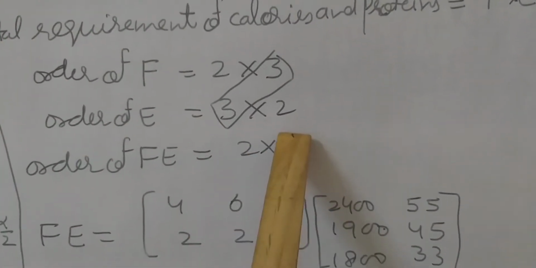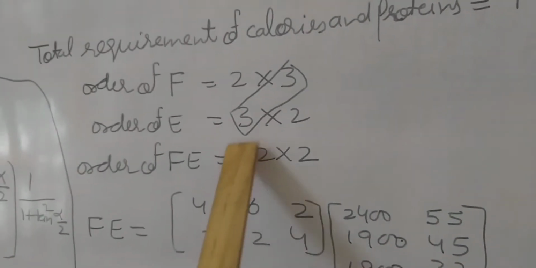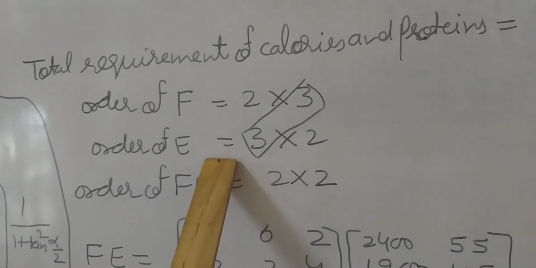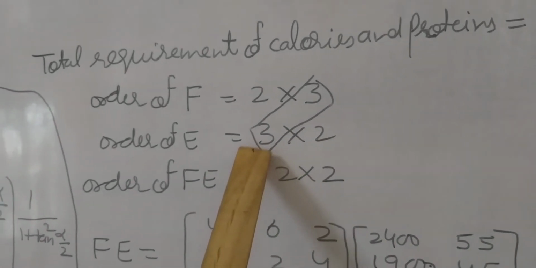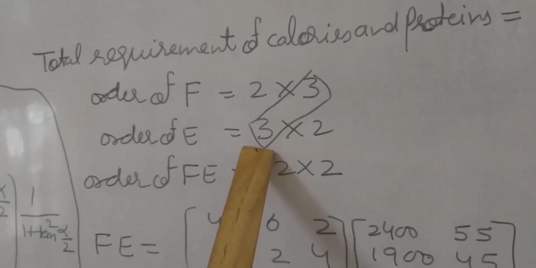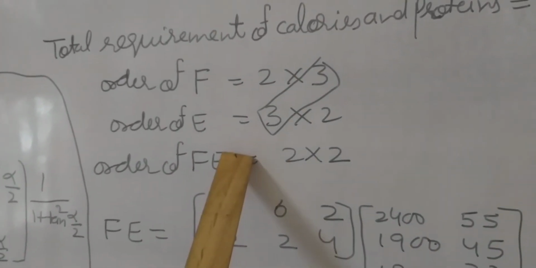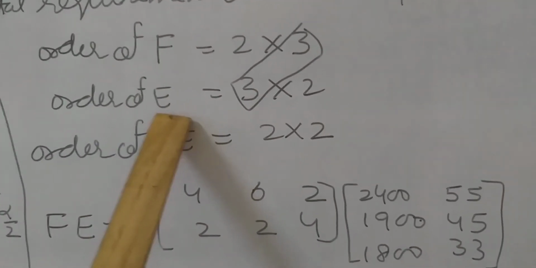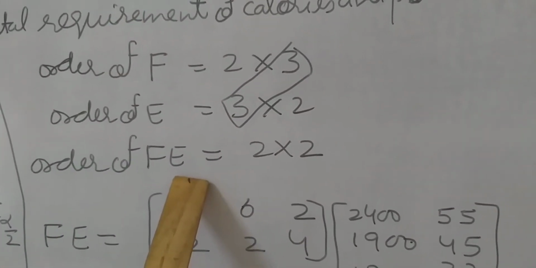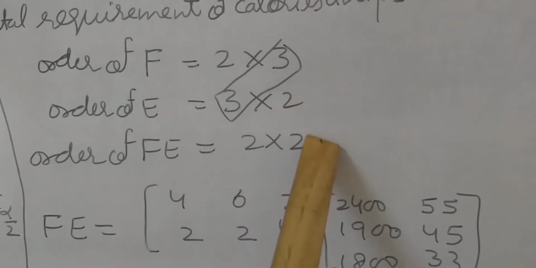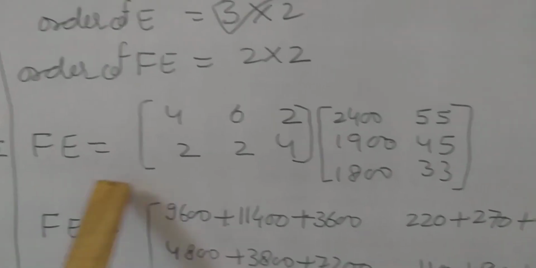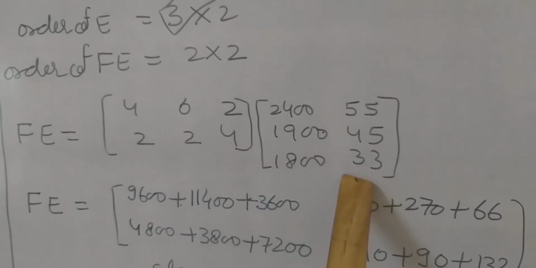So it's order 3 by 2. So you can see the number of columns of F is equal to the number of rows of E, both are equal. So multiplication exists. So order of the product equals, student, 2 into 2. Correct? So F value I have written here and E value.